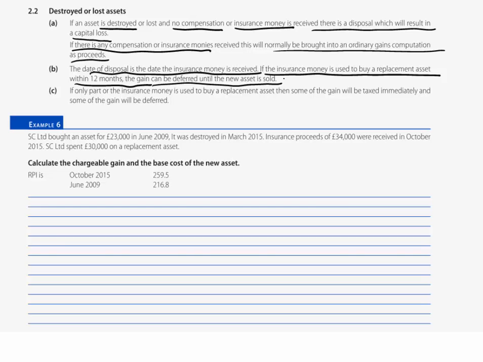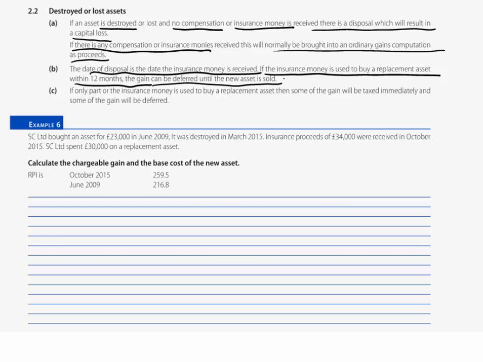So rather than calculating a gain in relation to the asset disposed of based on those insurance proceeds, if you spend those proceeds in buying a replacement asset, then you're able to defer the gain until such time as the new asset is sold.